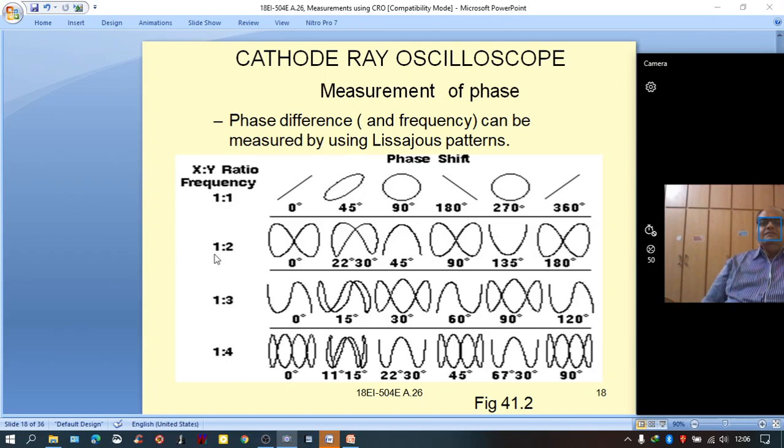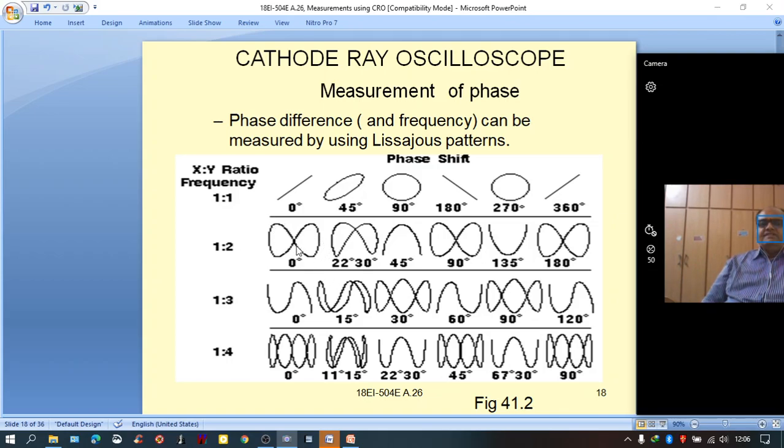Now, when the signal applied to Y channel is having double the frequency of X channel signal, let this be F and here it is 2F, say 1 kilohertz, 2 kilohertz. Then when there is no difference between phases, or when phase shift is 0, we will get a dumbbell shape like this.